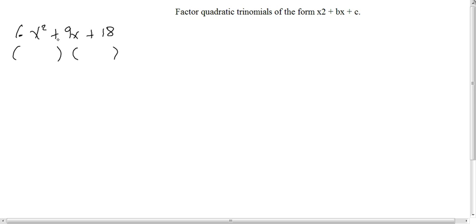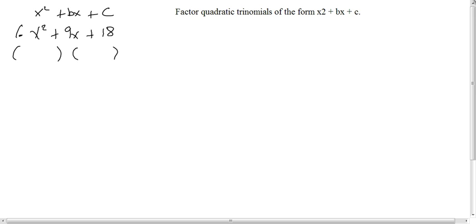If I look at my middle term, that's plus 9x, that's actually my b term. So let me do this so you can be completely clear. This was my x squared, this is my bx, and this is my c term.